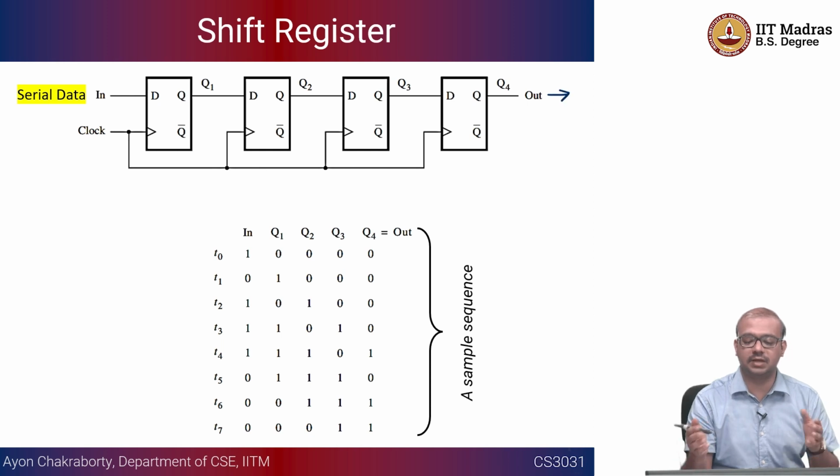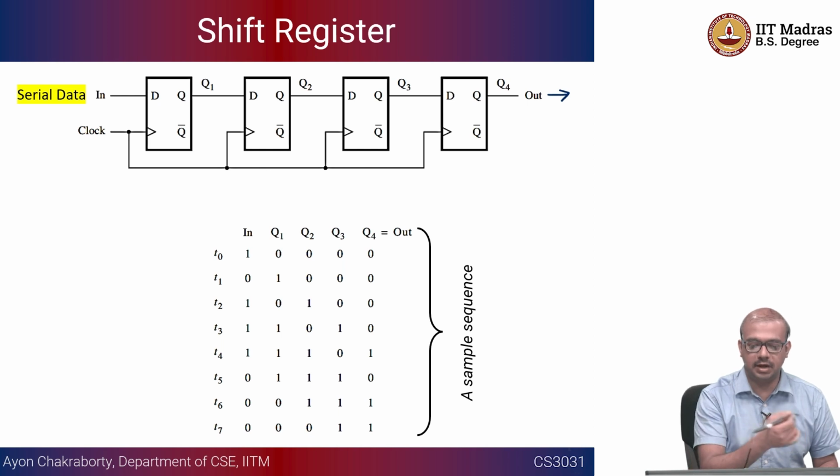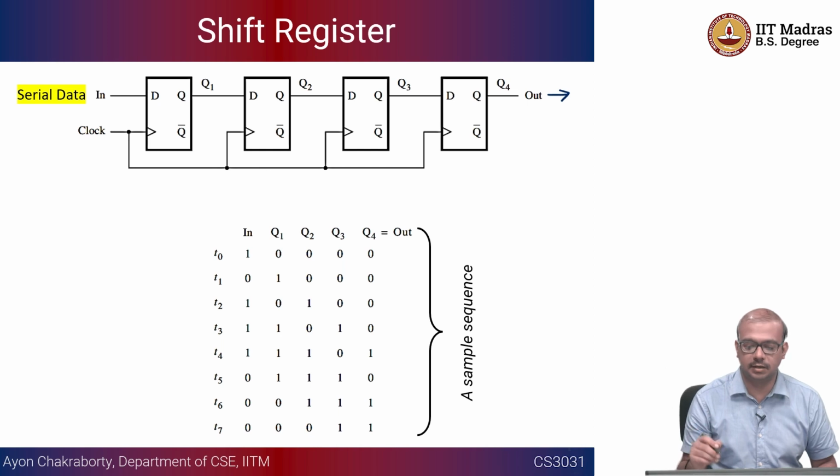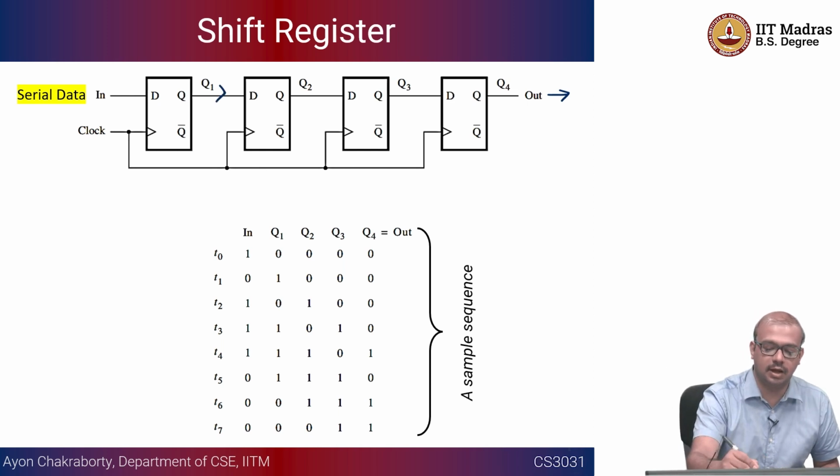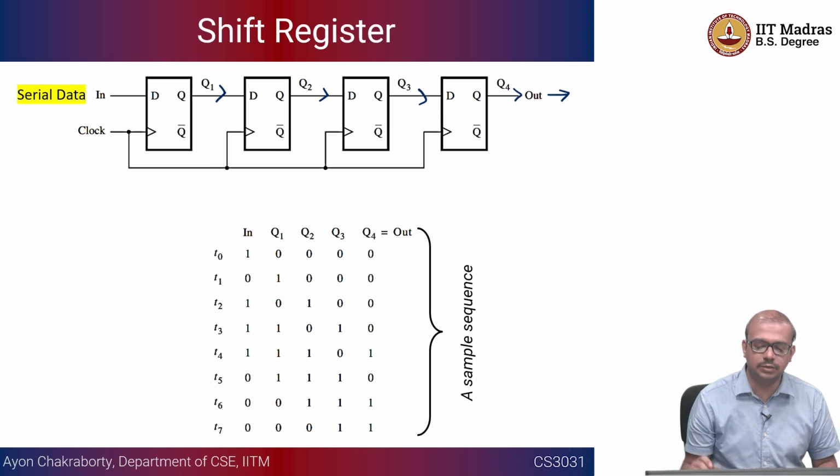The window is of size 4 bits, and at every clock pulse I am reading the serial input data bit and progressing that bit to the right hand side. In that way, these bits are propagating and ultimately exiting. That is one way of using the shift register.